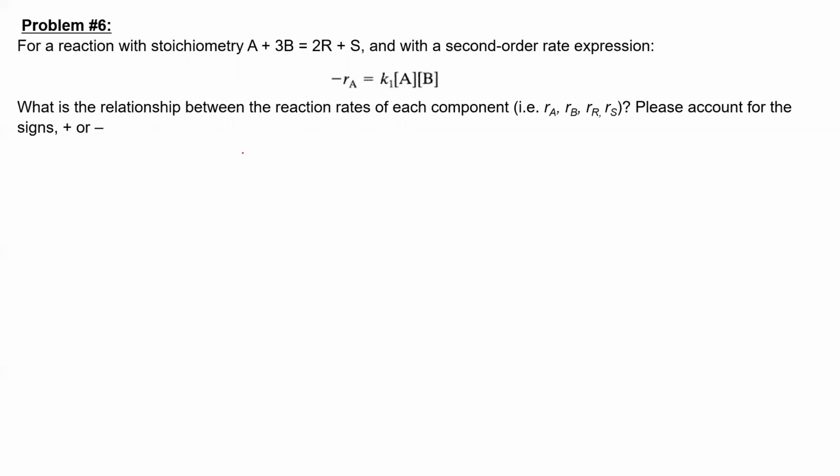If I have an equation aA plus bB going to rR plus sS, minus RA over a is equal to minus RB over b is equal to R over r is equal to RS over s.